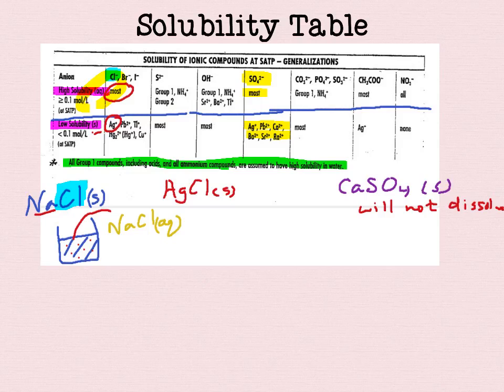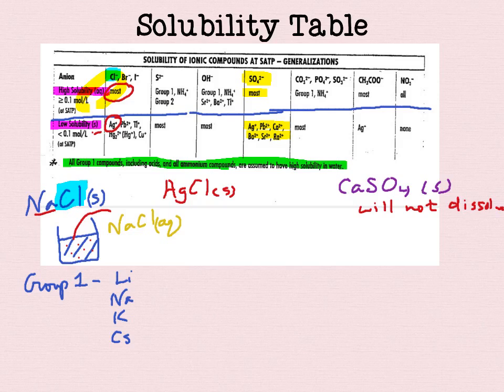So a group 1 compound, for example, go to your periodic table. Group 1 is going to include your lithium, your sodium, your potassium, your cesium, and there's one more that I can't think of right now.